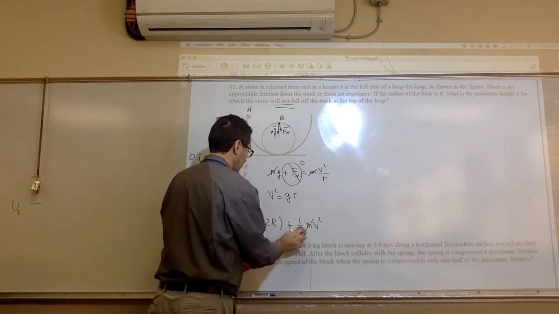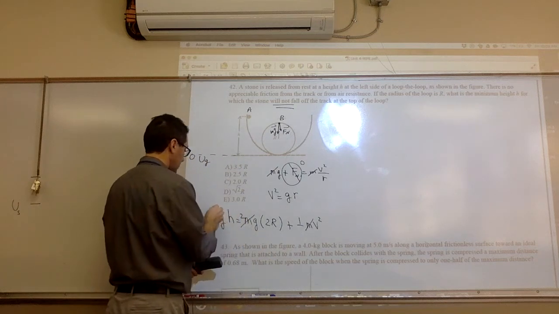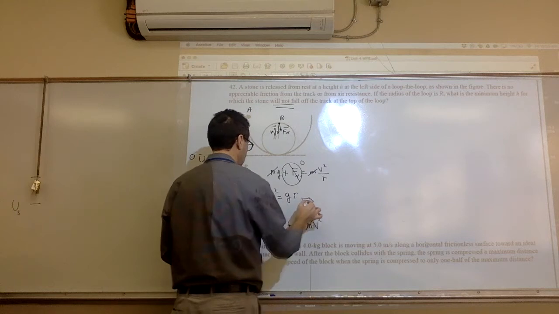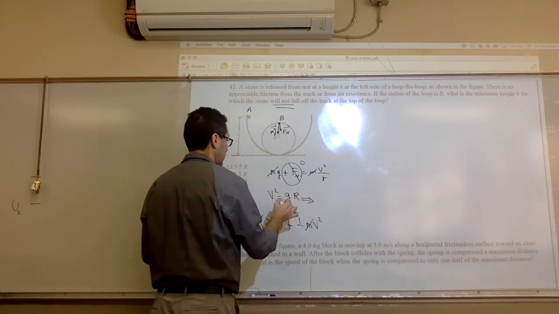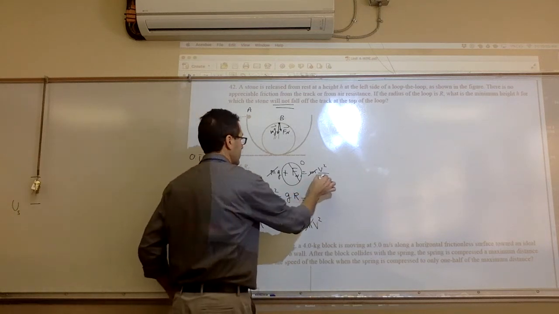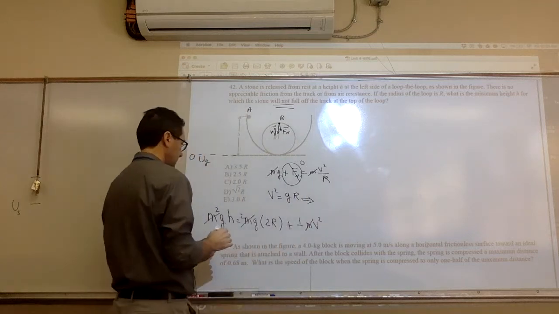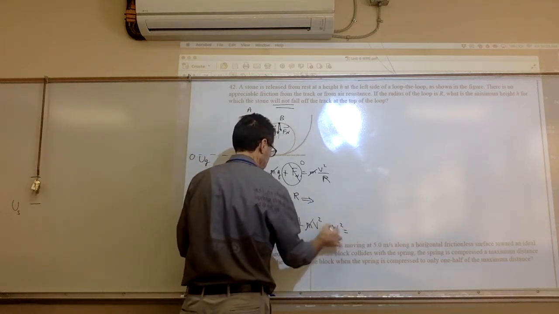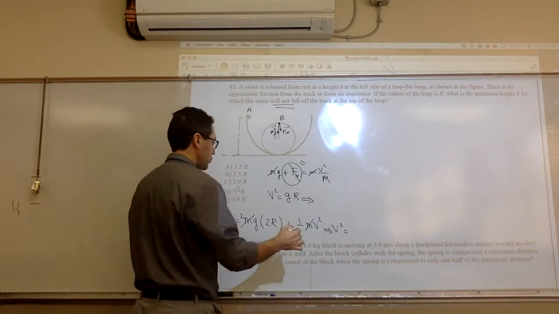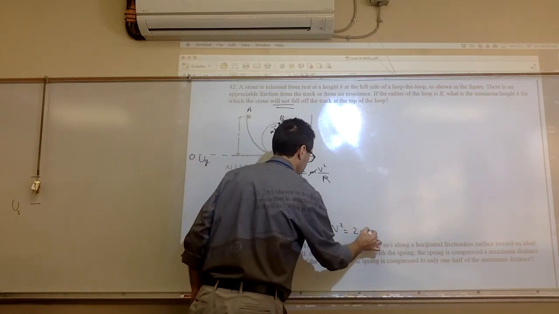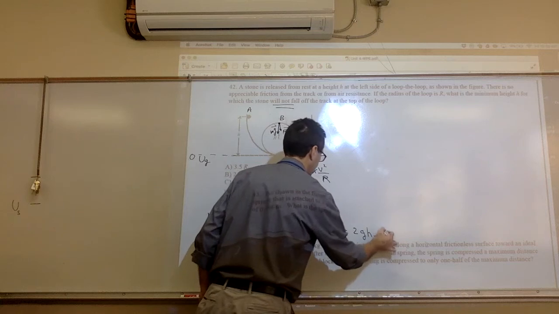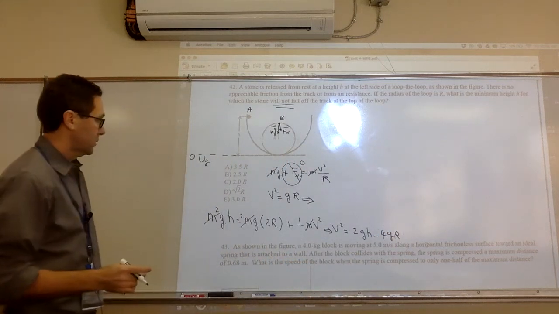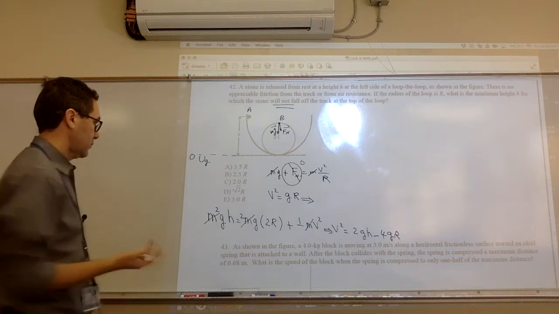So if I multiply everything by 2, this is what I'm looking at. I'm going to manipulate this a little bit. This is uppercase R. So v squared here is equal to 2gh minus 4gr. Yeah, 2gh minus 4gr.